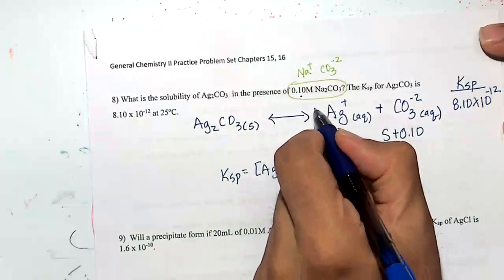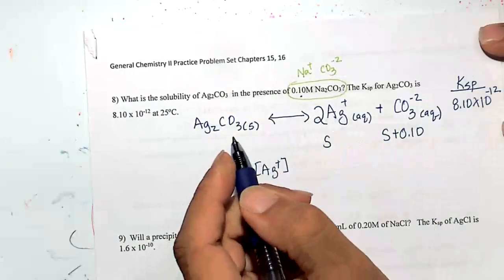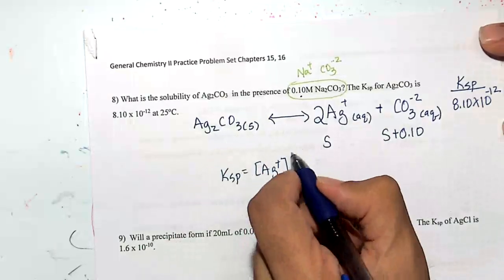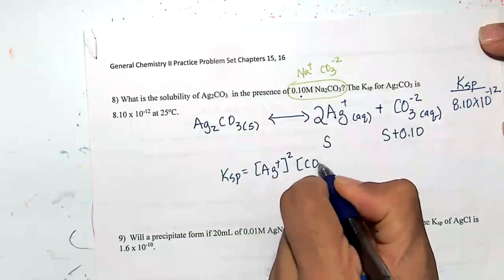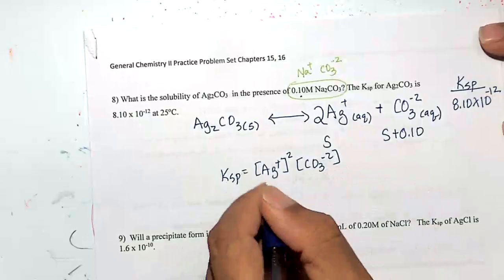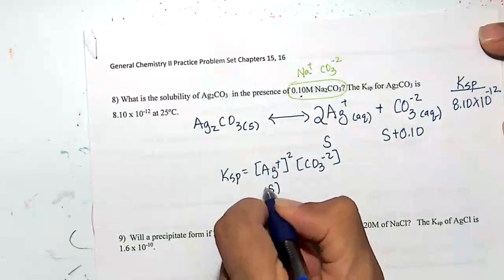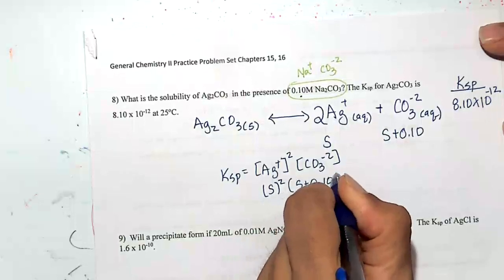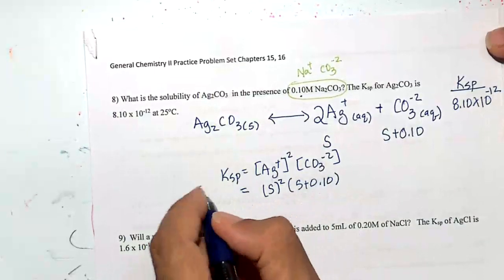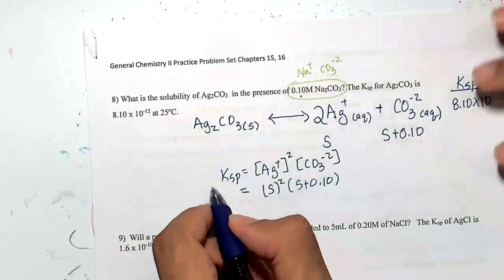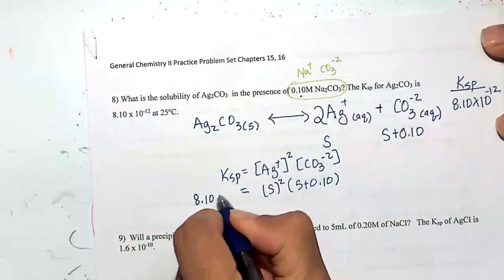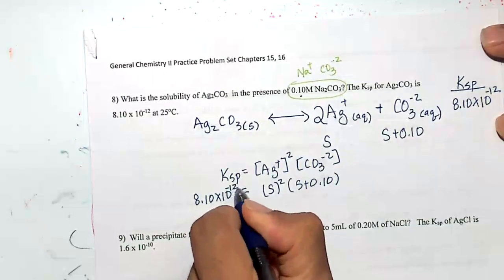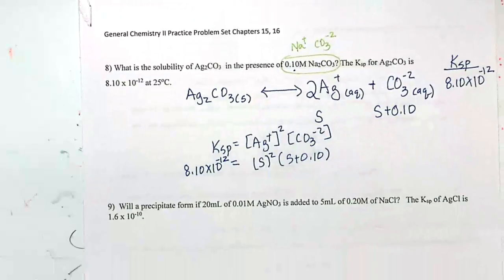What do we need to do here? Ag+ squared times CO3 2-. This becomes S squared times S plus 0.10 equals KSP, which is given to us in the problem as 8.1 times 10 to the minus 12.